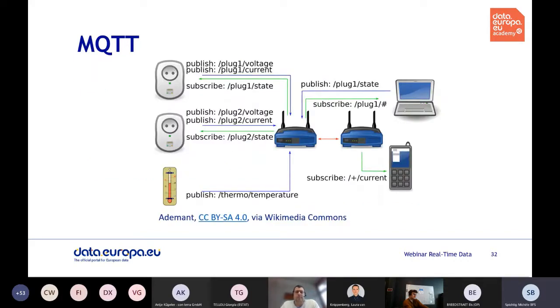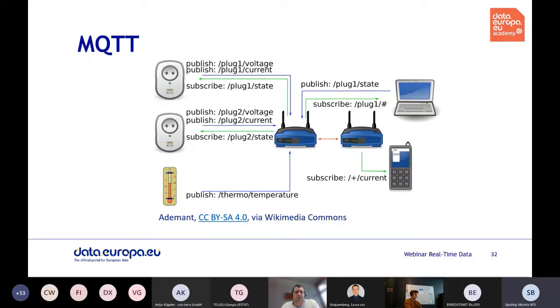So one example here as a diagram. On the left-hand side, we have different sensors, a thermometer, and two smart plugs providing energy to your devices at home. And these publish their data to a broker. This blue box here is a so-called broker.